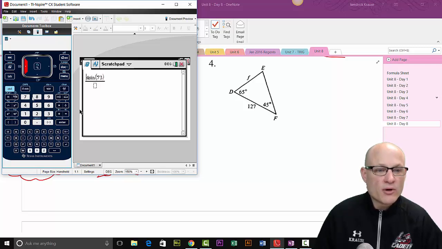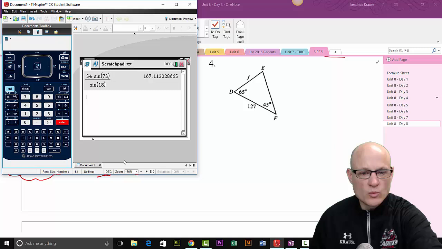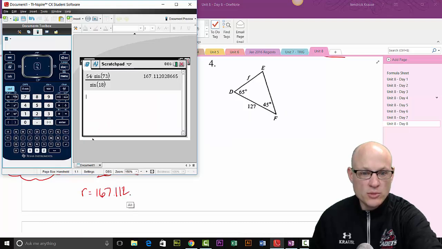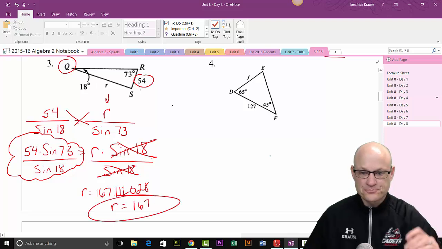We're having real problems today. 54 sine 73 all over sine of 18. Hope I got that right. And we get 167.112028. Good enough. r equals 167.